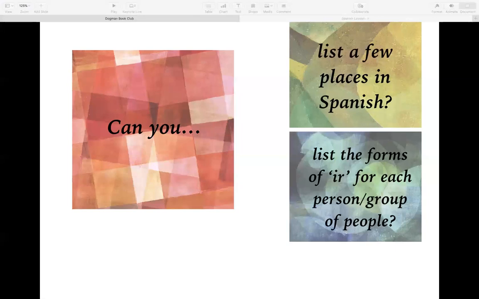Nosotros. Vamos. Vosotros. Vais. And ellos, ellas, ustedes. Van. Again, if you got stuck on any of those, go back a couple slides where I listed them all and just keep repeating them out loud.